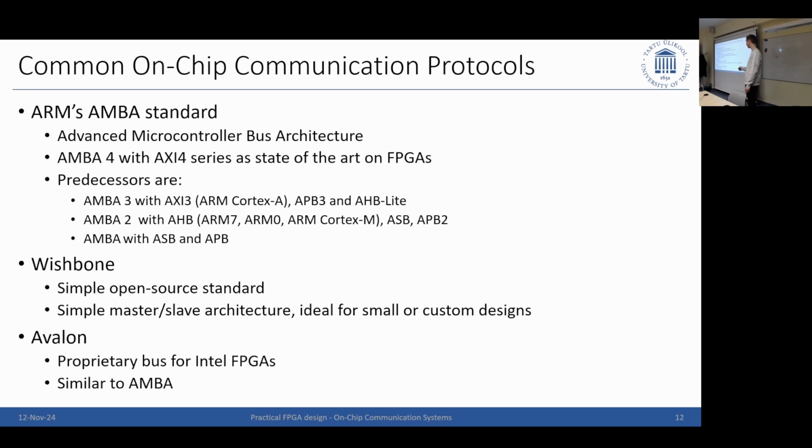And then just for reference, so that you know where they're sorted when you see them, I've worked with APB and HP as well. They are predecessors, so they're Umber 3 or Umber 2. They were used, for example, in ARM Cortex-A, and Umber 2 was used in ARM 7 and the Cortex-M.